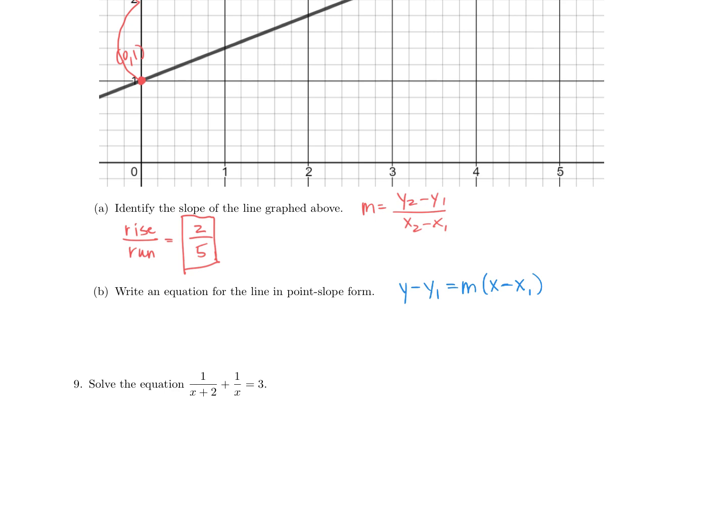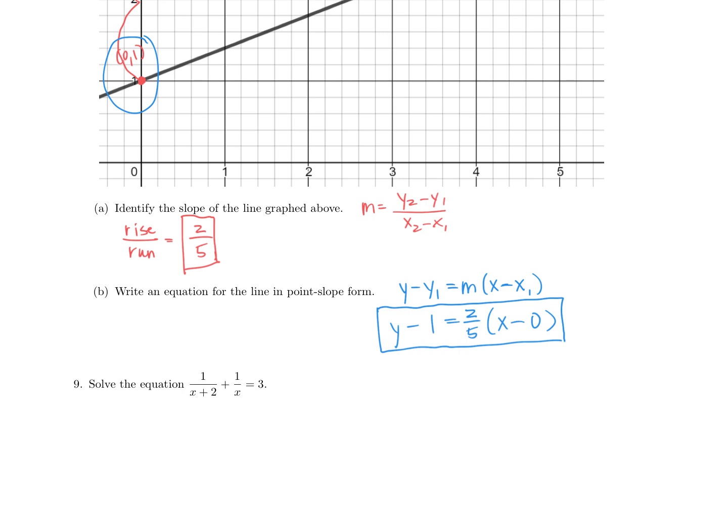So m is 2/5. Okay, and then you just have to pick the point that you want to use to plug in for x sub 1 and y sub 1. So I'm just going to pick this point here, 0, 1. So y is 1, x is 0. And there you go. That's in point slope form, so you're done.